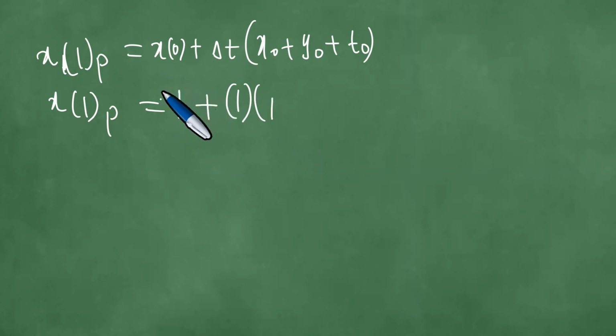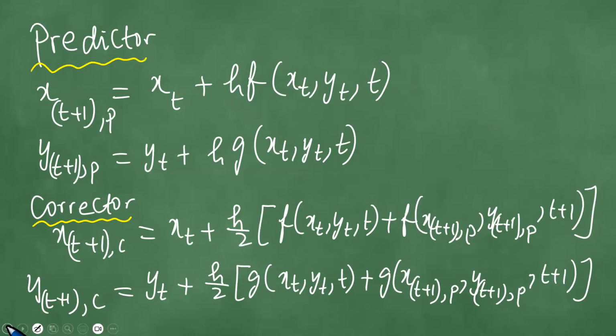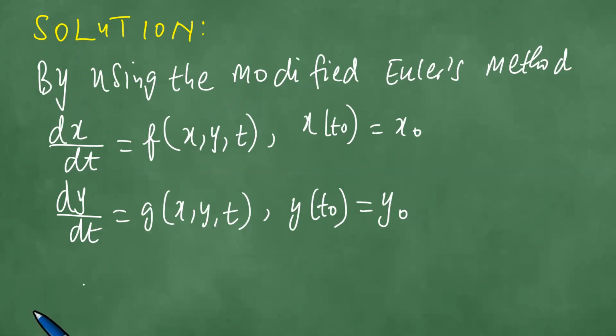So x0 becomes 1 because in this notation, according to the way we define it, xt0 is x0, and yt0 is y0.